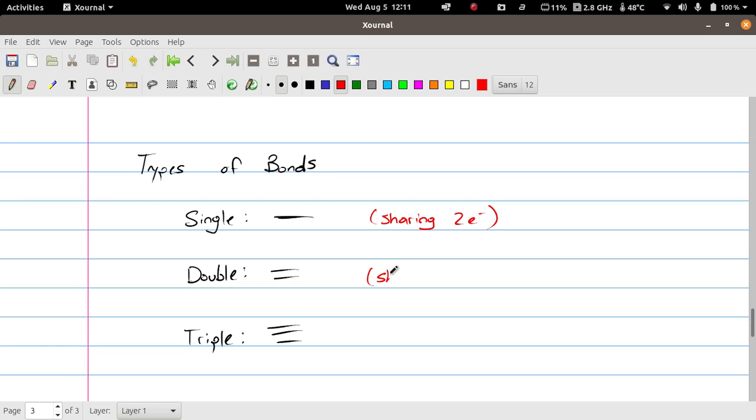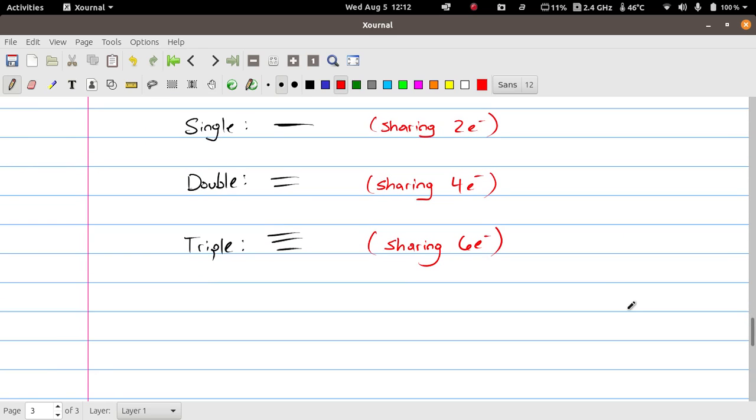This one is sharing 4. And the triple bond is sharing 6. So remember, 2, 4, 6. Each line is 2 electrons. And you'll understand when we get to the Lewis dot structure lesson about how to draw and figure out if your element's going to have a double or triple bond.